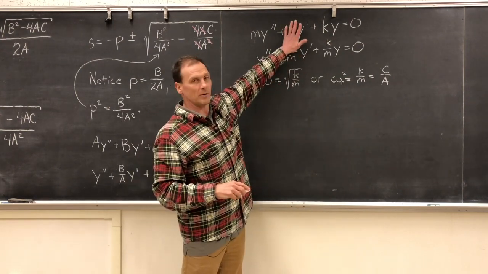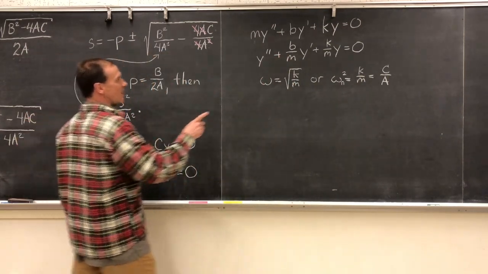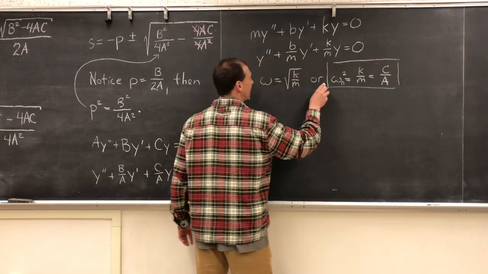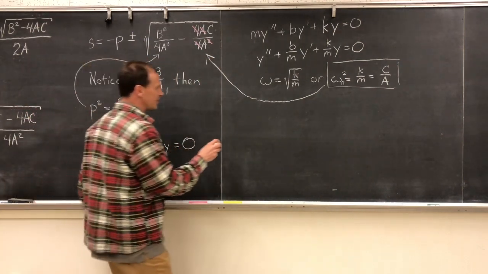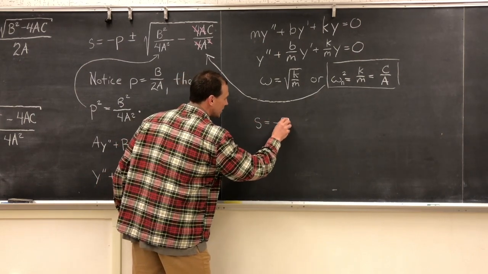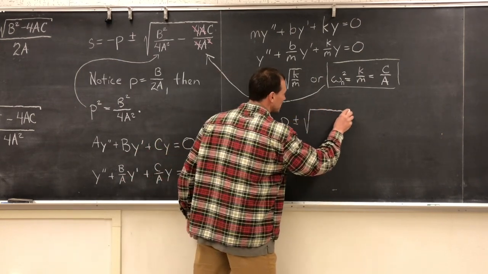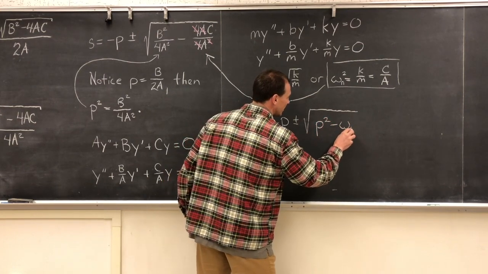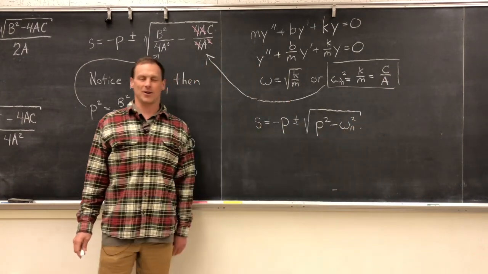And like when b was 0, we saw this as undamped harmonic motion. So look at that. That right there, that's this. So if I have one more step, I can say that s is equal to negative p plus or minus the square root of p squared minus the natural frequency squared. And that's where we get our new notation.